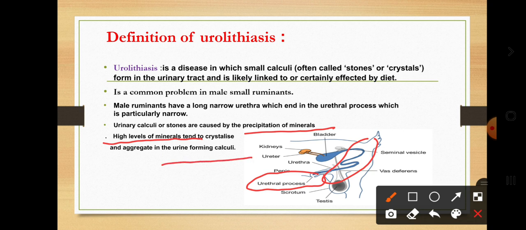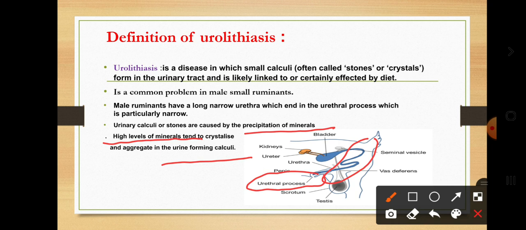These pictures illustrate the male goat urinary system, especially in castrated male goats. The narrow urethral process can be an underdeveloped and atypical site for urinary tract obstruction.